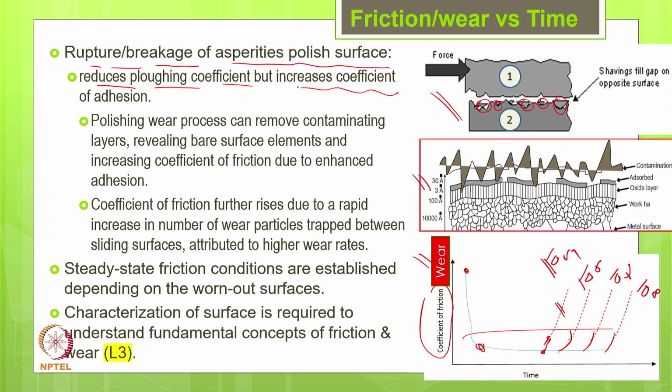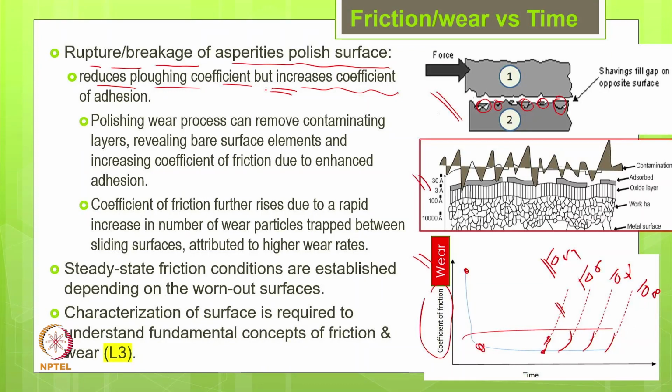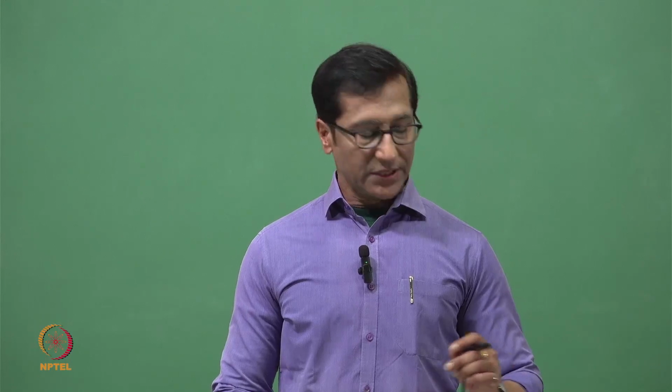Now one effect is coming down, the other is increasing. If the plowing coefficient is reducing and the adhesion coefficient is increasing, it doesn't mean the first is decreasing by 50% while the other increases by 1% or 2%. So we need to investigate when we really start working on friction estimation. This is what we are trying to provide as a pointer, that we need to really think about these lines.